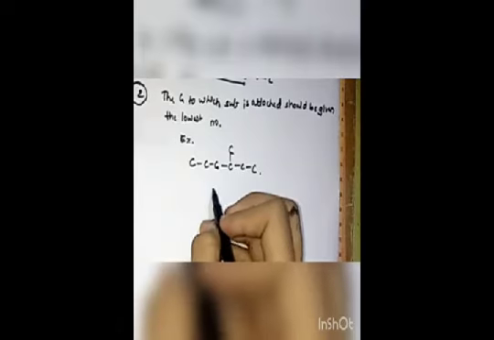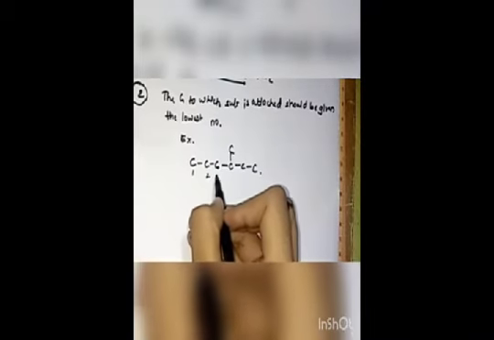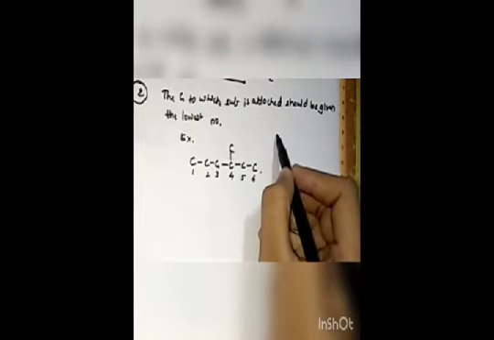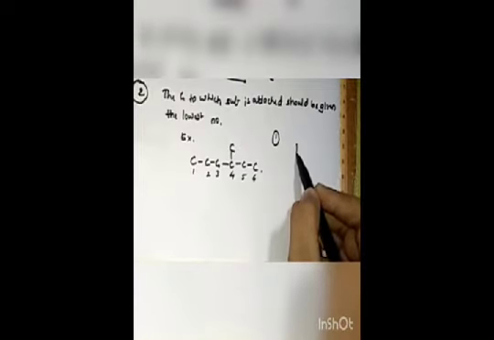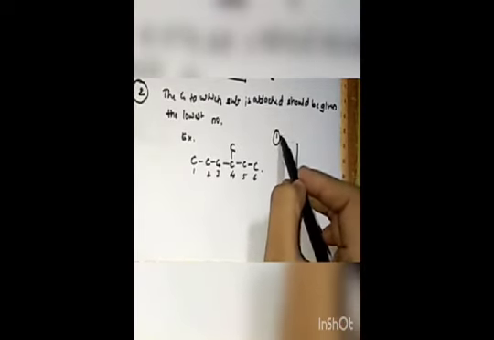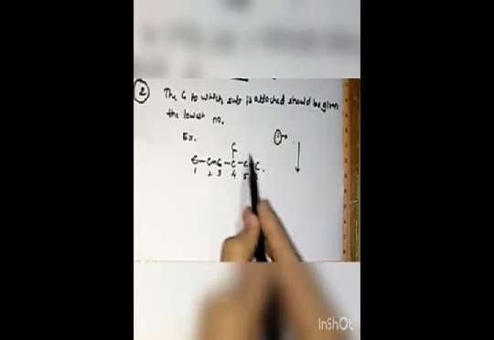So for example, now we want to number this carbon chain. It can be numbered 1, 2, 3, 4, 5, 6. We should also obey the first rule over here. As I'm stating the rules, the previous rules should be followed. So first we follow the first rule: this is not the longest carbon chain, this is. So we know this is the longest carbon chain, but we need to number it.